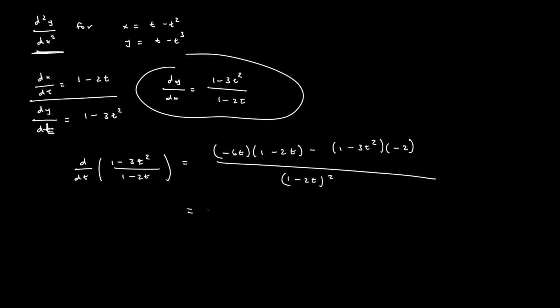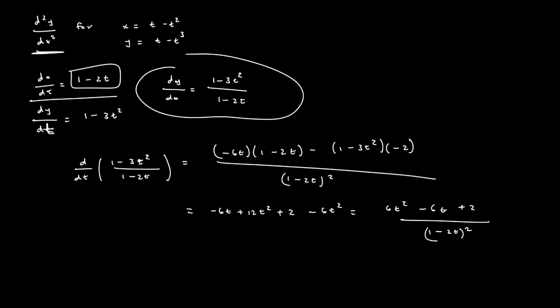Simplifying all our terms, I get minus 6t plus 12t squared, and then minus 2, and then minus, so plus 2, plus 6t squared minus, so minus 6t squared, which simplifies to 6t squared minus 6t plus 2, divided by 1 minus 2t squared.